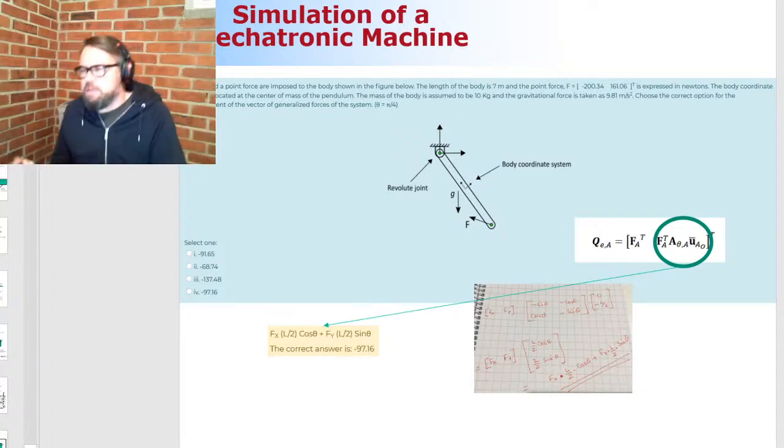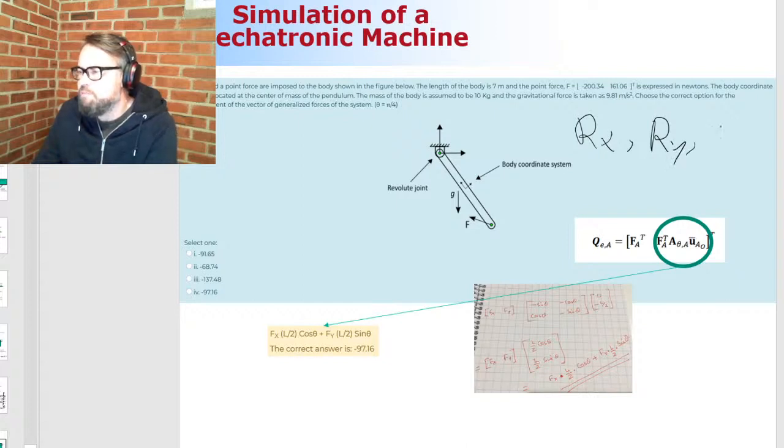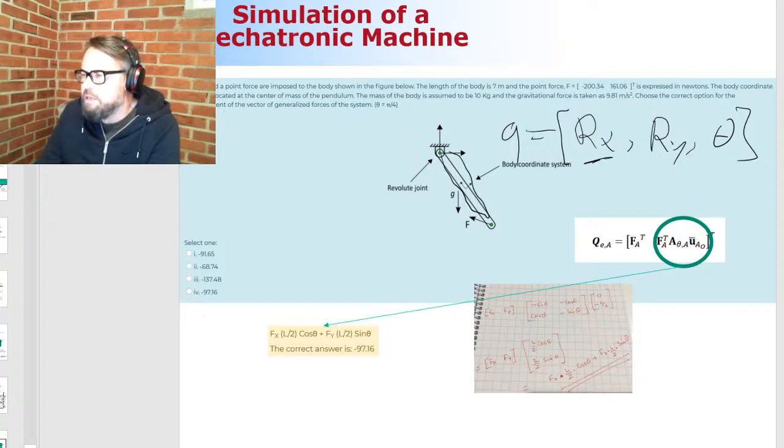This is a question where we're expecting you to solve the third component of the generalized forces. Maybe the easiest way to solve this is by first looking at what the generalized coordinates are. For one body like this, a pendulum kind of body, we have three generalized coordinates: Rx, Ry, and the angle theta.